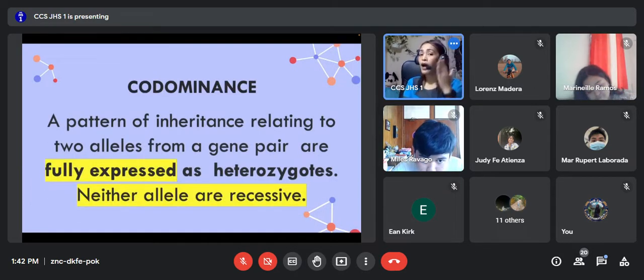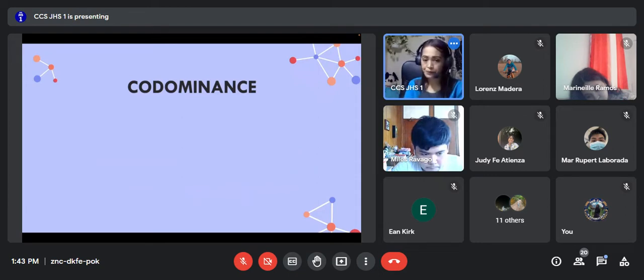So again, codominance is a pattern of inheritance wherein the two alleles or the two options are fully expressed together equally on the organism, given that it is heterozygous, with a heterozygous phenotype and genotype. That means neither allele is considered recessive. They have equal superiority over each other.